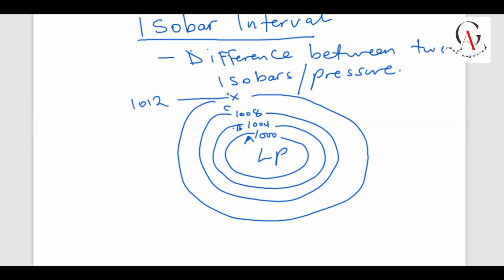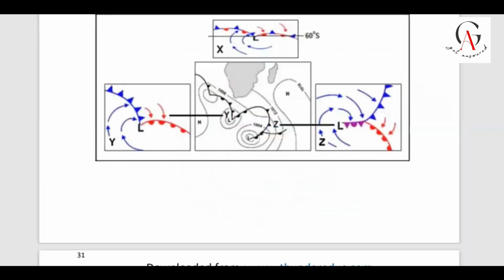That means the difference between these isobars was 4 MB or 4 HPA. I'm saying 4 MB, millibars, or HPA, which stands for hectopascals. All right. Now let's go back to our question after getting more clues.